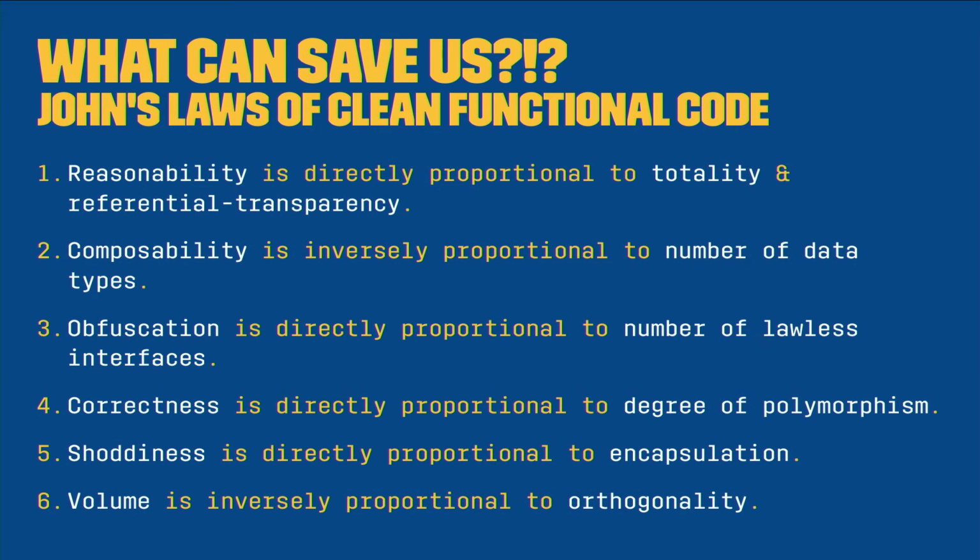So what can save us from lots and lots of complexity? What if I told you there were an abstraction that gave us extremely high reasonability because it's absolutely 100% total and referentially transparent? Or that there's only one data type in the entire library. There are no other data types, it's just one. And you can use that one to combine together in lots of different ways.